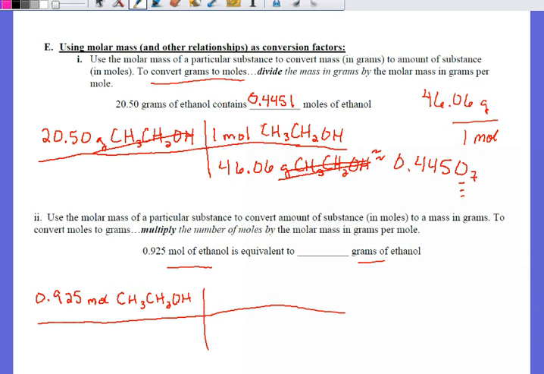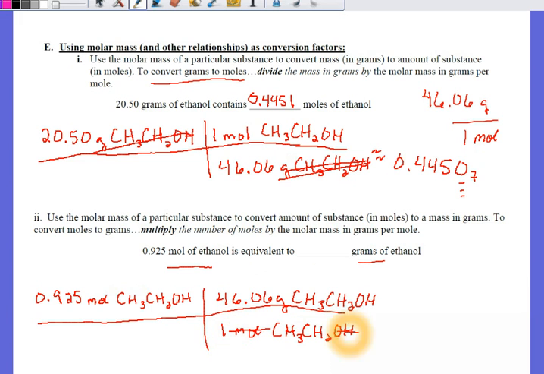Now you're going to flip this around. You're going to take your conversion factor, or your molar mass, and flip it to put the mole portion in the bottom. So 1 mole of CH3CH2OH is 46.06 grams of CH3CH2OH.